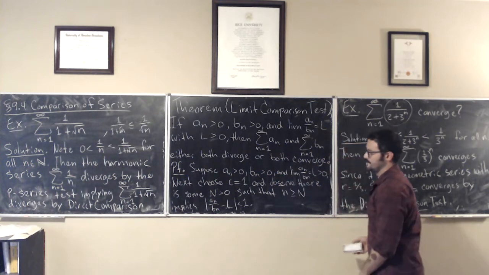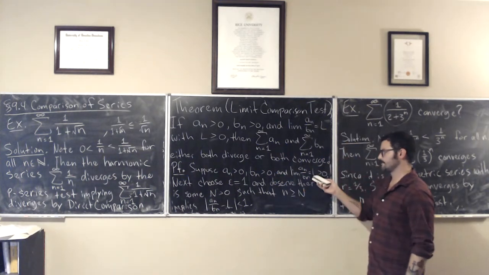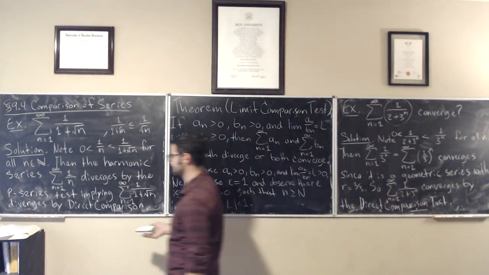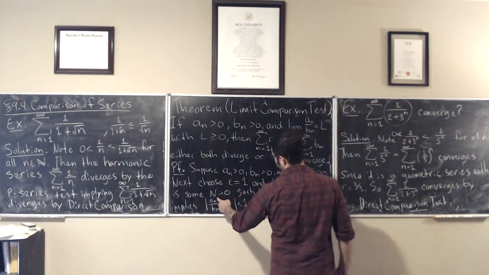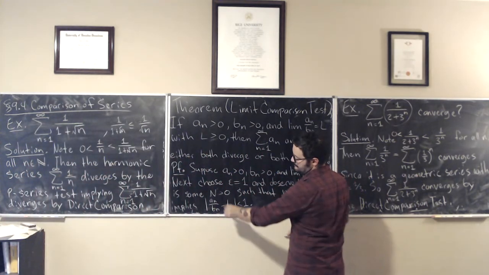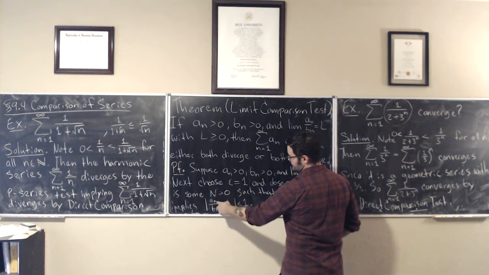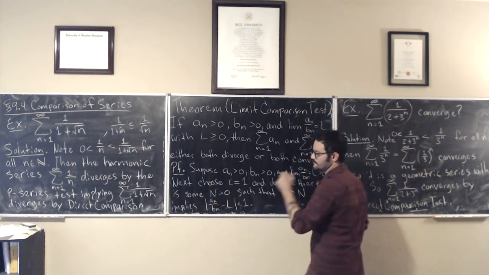That's just the definition of this thing converging to that thing. Basically there's an index where, when little n is bigger than that index, the distance from this to L is at most epsilon, which we chose to be 1.